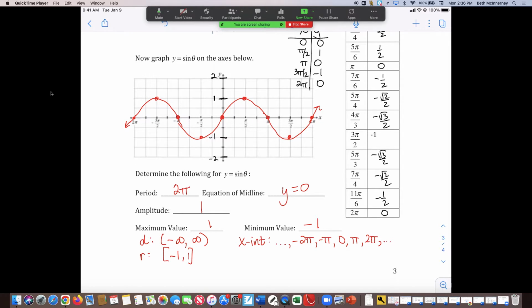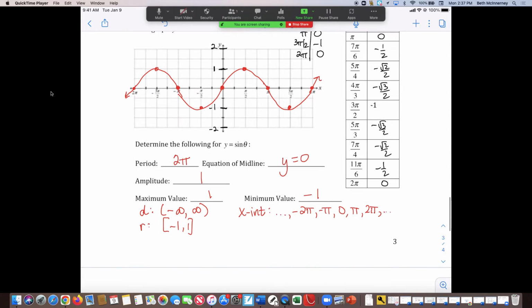So do you see that this is going to be hitting every integer value? Not every real number, but every 1, 2, 3, 4, but 0, negative 1, negative 2, negative 3, negative 4, and so on. So we can say the x-intercepts are n times pi, where n is an integer.